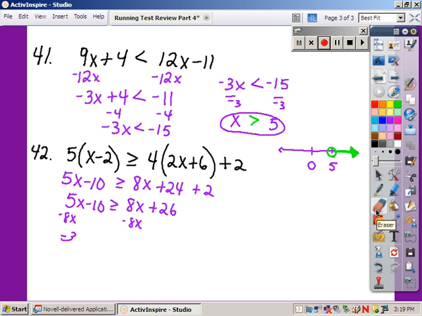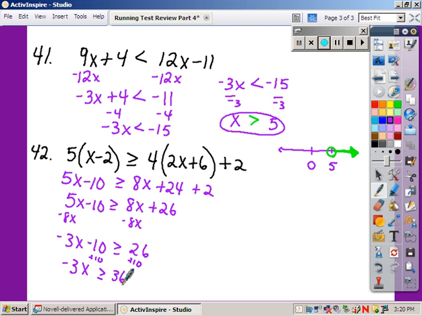So, in this case, when I have this subtraction over here, I have negative 3x minus 10 greater than or equal to, now this is gone, so this is 26. I want the variable term by itself, so I have negative 3x, and I'm going to add 10 to both sides. So I now have greater than or equal to 36.